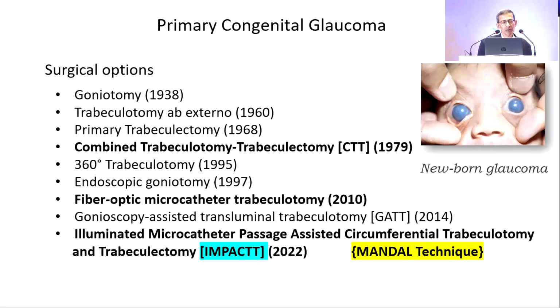A very important advancement came recently in 2010: fiber optic microcatheter trabeculotomy. And in 2022 we improved the surgical technique for a special subset, advanced cases of neonatal onset primary congenital glaucoma, where illuminated microcatheter-assisted circumferential trabeculotomy was combined with trabeculectomy.